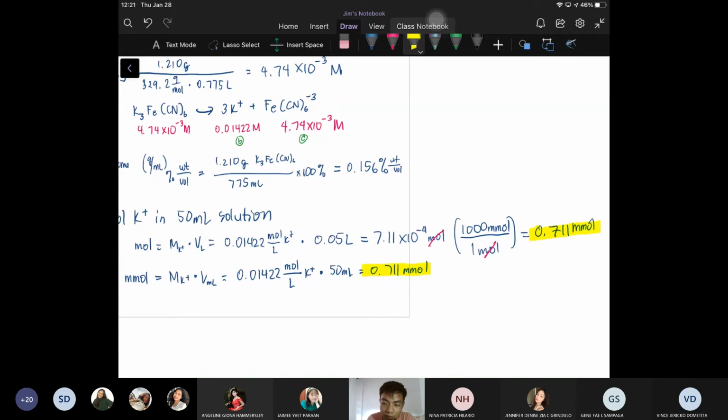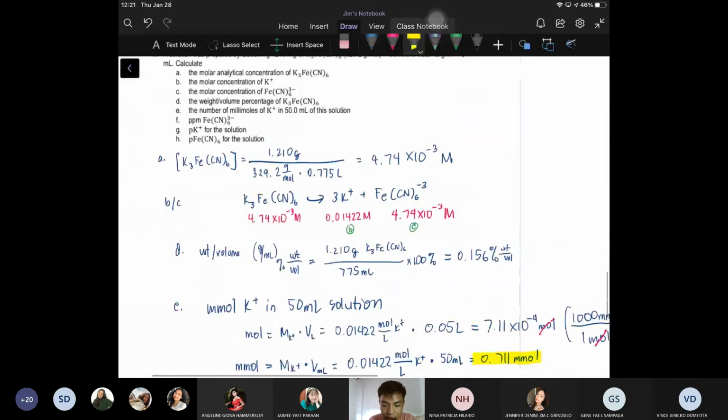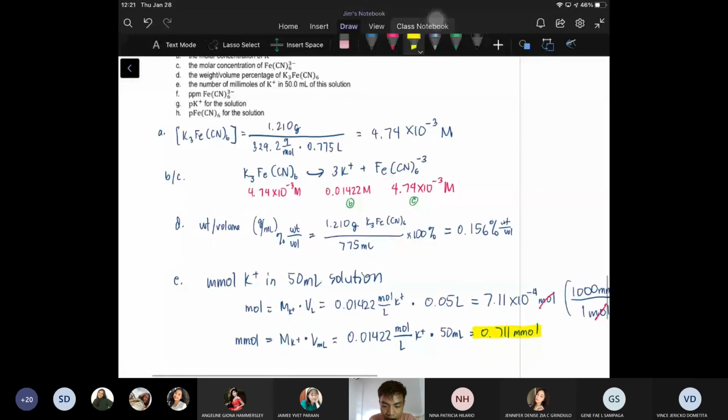So basically, when you multiply the molarity by the volume in mL, millimole is the answer, mathematically speaking, because you divide by 1,000 and multiply by 1,000 later on. That's the shortcut, and please note it because you will use it in titration. So we are now done with letter E.